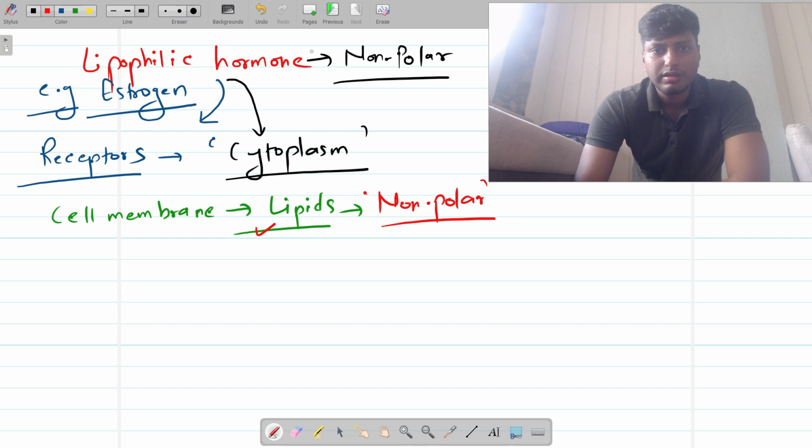That's why hormones like estrogen or even progesterone, which are non-polar in nature, can easily pass through the cell membrane. So once the lipophilic hormones pass across the cell membrane, then they enter the cytoplasm.